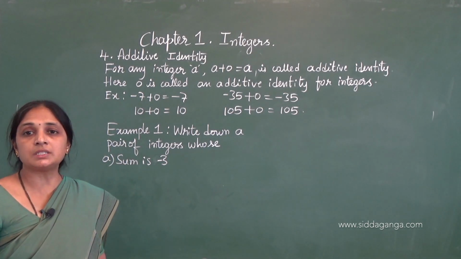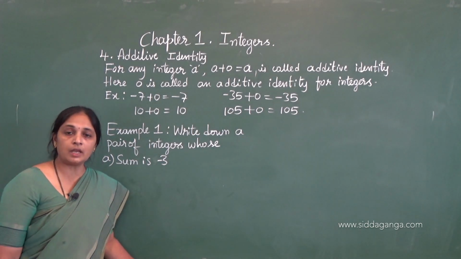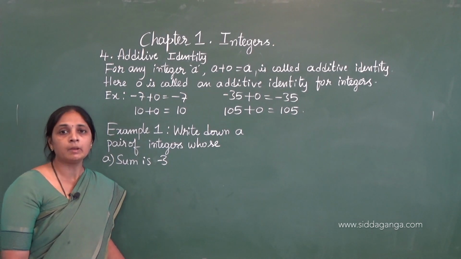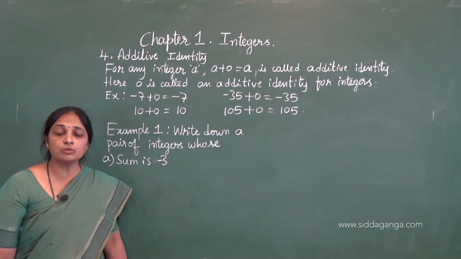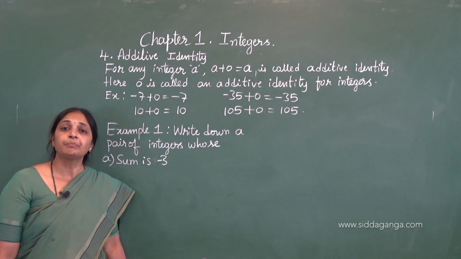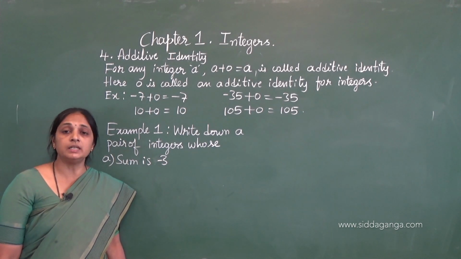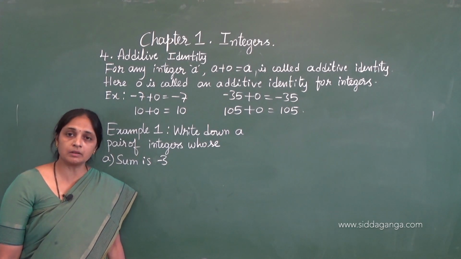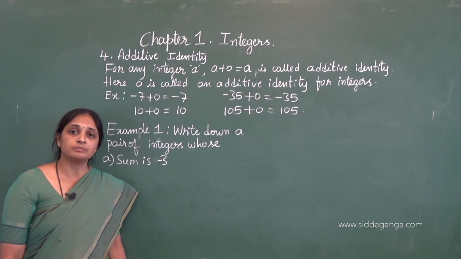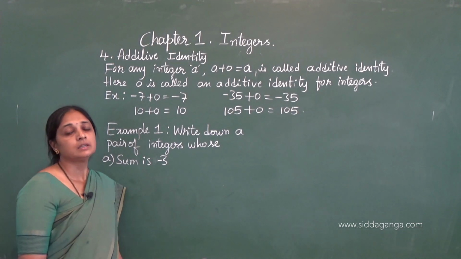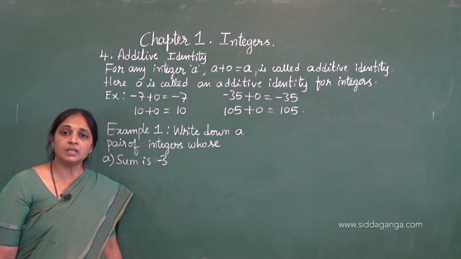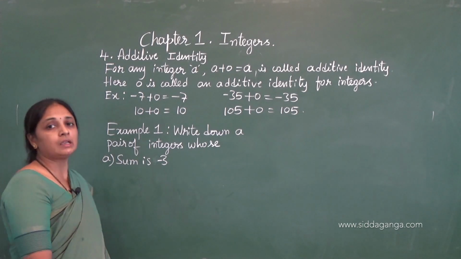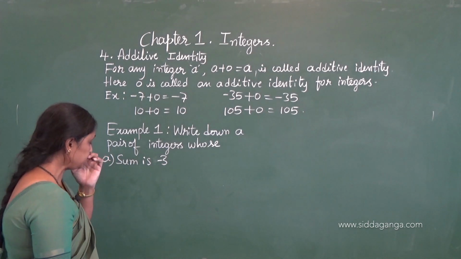To get minus 3, we can take any two negative integers and add them, or otherwise we have to subtract by neglecting the negative sign, taking the bigger integer.